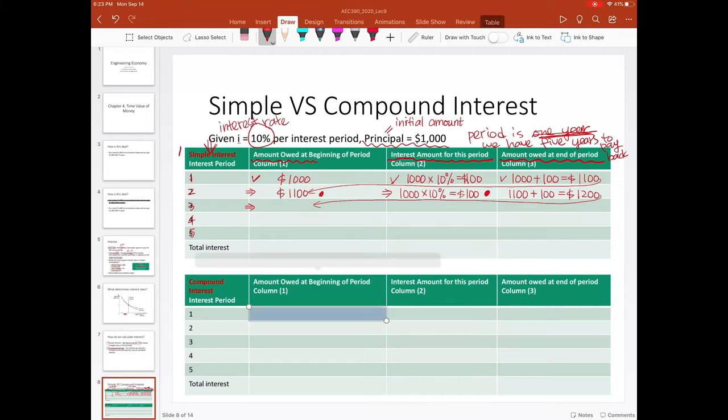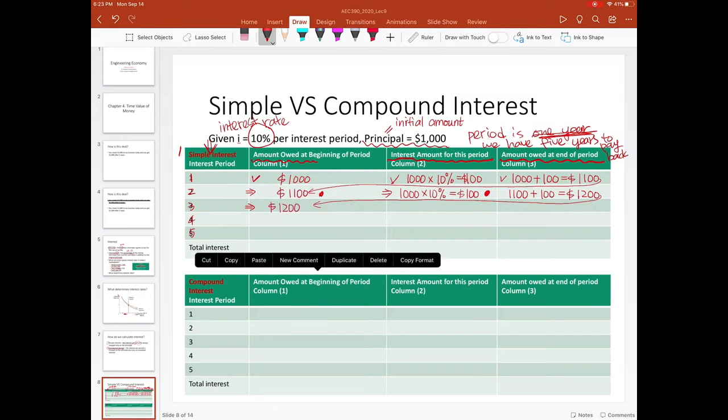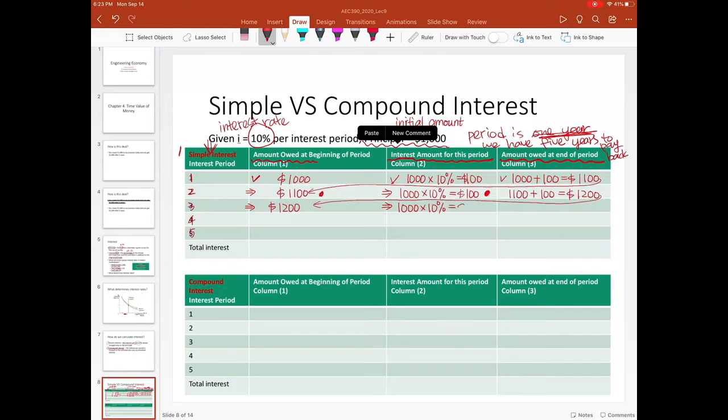This $1,200 is how much you owe at the beginning of the third year. So entering the beginning of the third year, you owe the bank $1,200. And what is the interest in the third year? It's still simple interest, so by definition the interest will be the initial amount, or principal, times the interest rate.